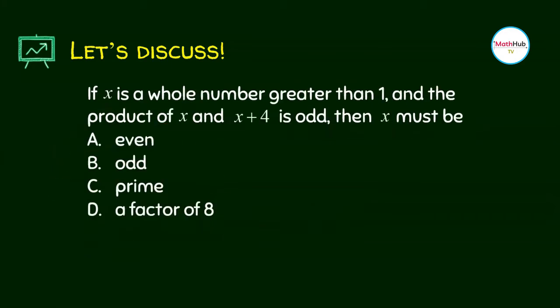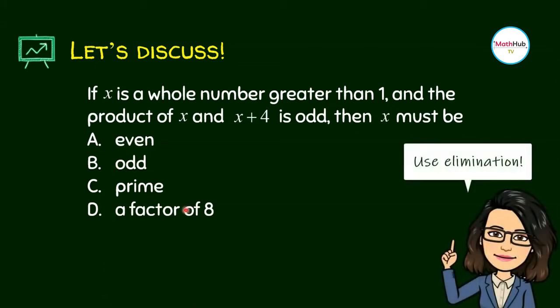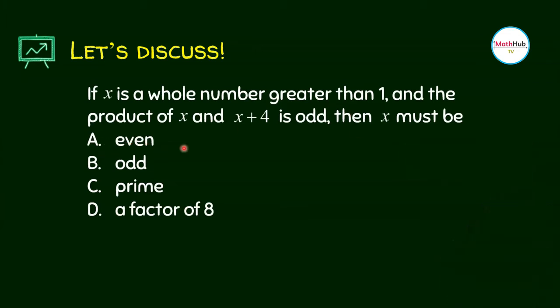If x is a whole number greater than 1 and the product of x and x plus 4 is odd, then x must be. In this case, what we will do is use elimination. We will try if letter A is the answer. Can x be even? Let's say x is 2.